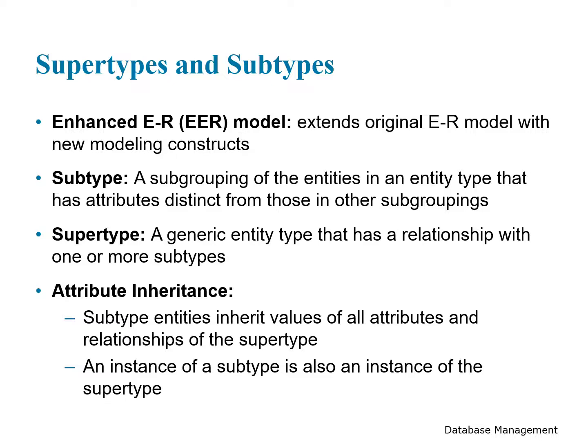These classes are arranged in hierarchy, which enables inheritance. The difference between object-oriented programming and enhanced entity relationship supertype, subtype, is that in object-oriented programming, there is also the concept of behavior. Objects not only have attributes which can be inherited, but they also have methods which implement active behavior.